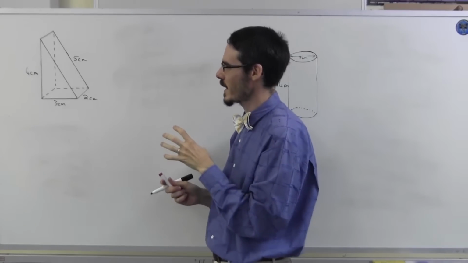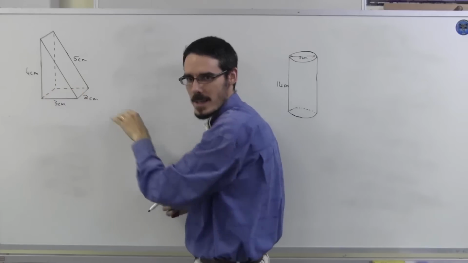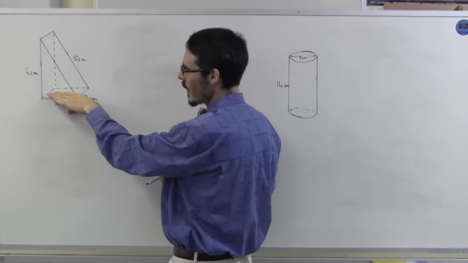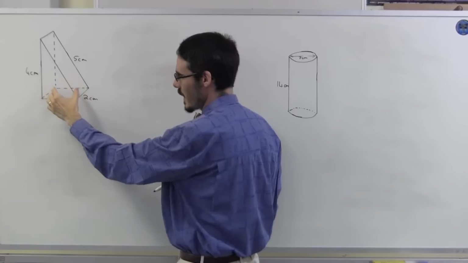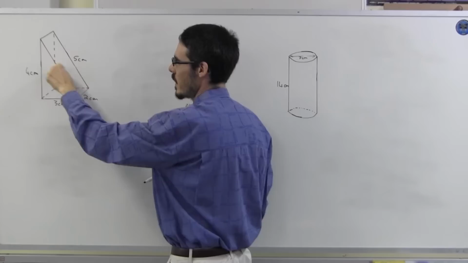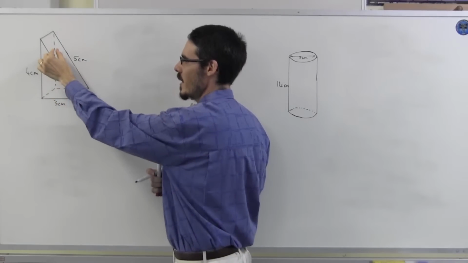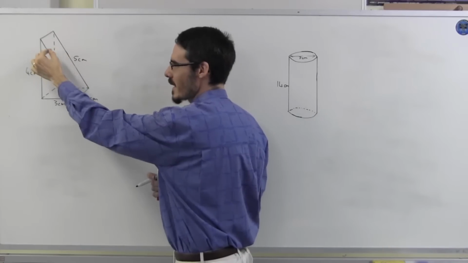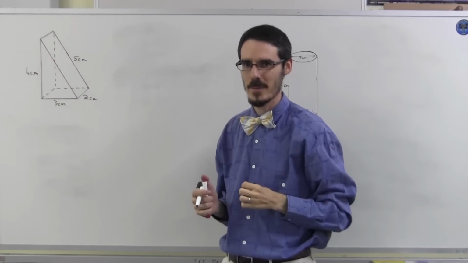But look carefully. I can't use the bottom side here as the base of my prism, because if I look at cross sections as I go up the shape, I'm going to get rectangles that get smaller and smaller, but only in length. The width doesn't change. The width stays as 2 centimetres all the way up.